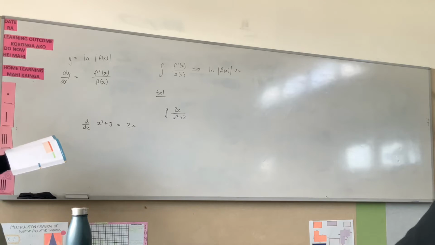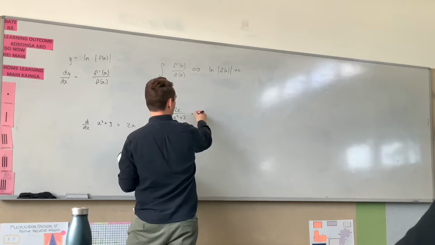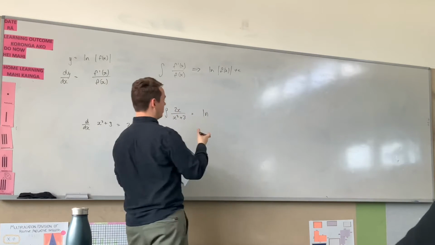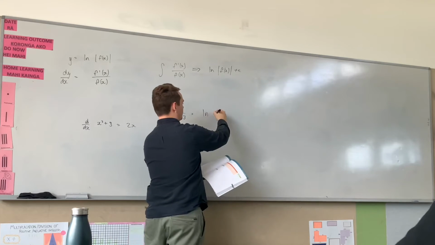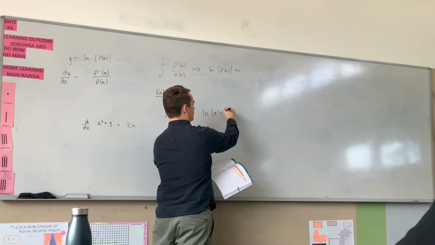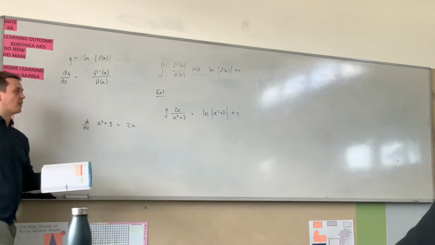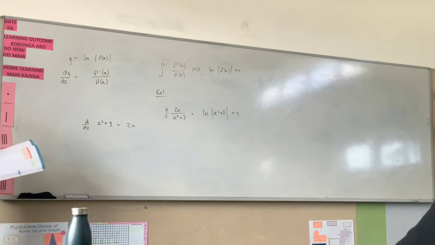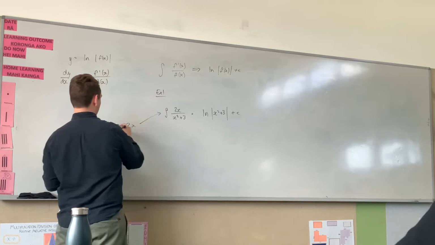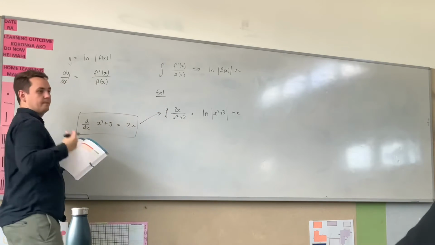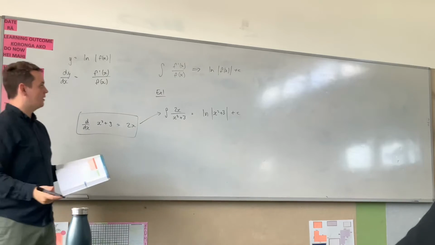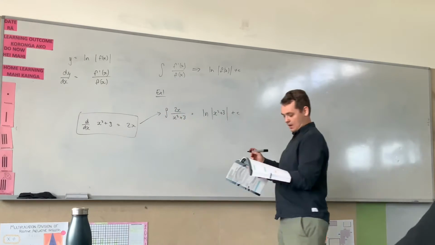When I integrate this, it just becomes natural log of a function, which is x squared plus 3, plus c. That's an easy example. Because this top part satisfies that, it works. Let's have a look at another example.